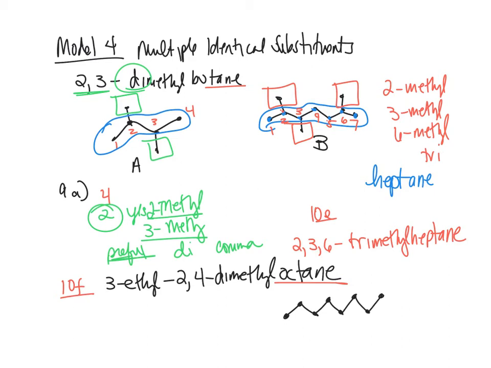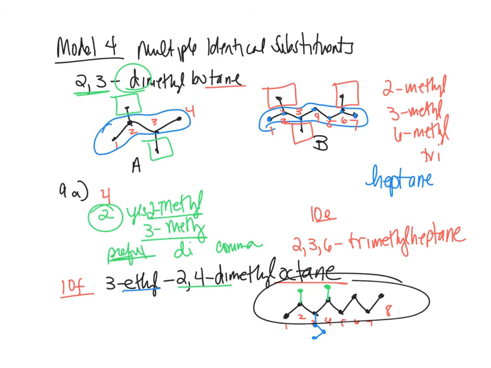And the nice thing is when you do your numbering, you can always do left to right. Then we have an ethyl on 3, and we have methyls on 2 and 4. And that is your compound.